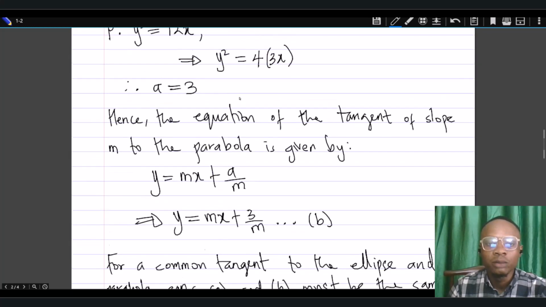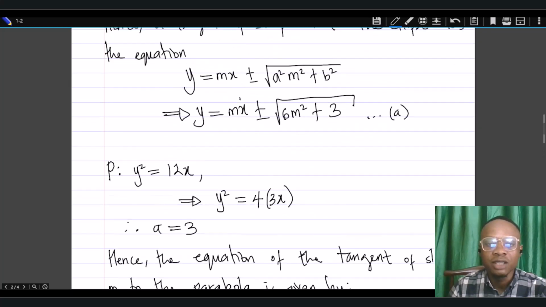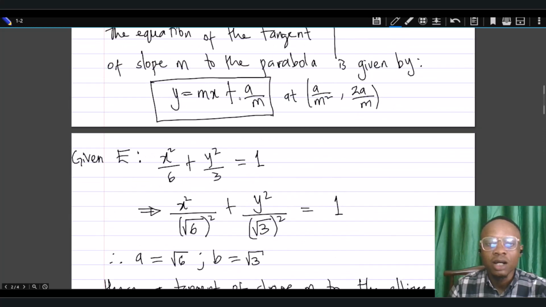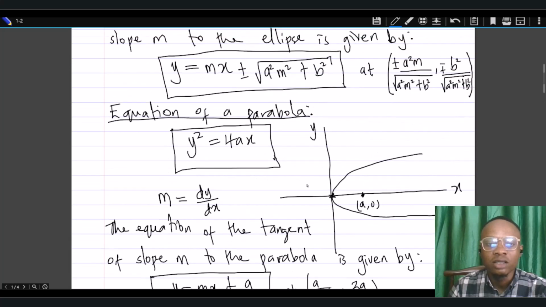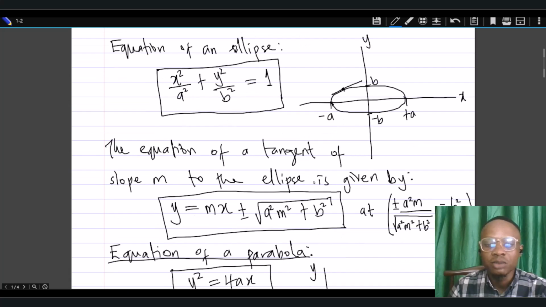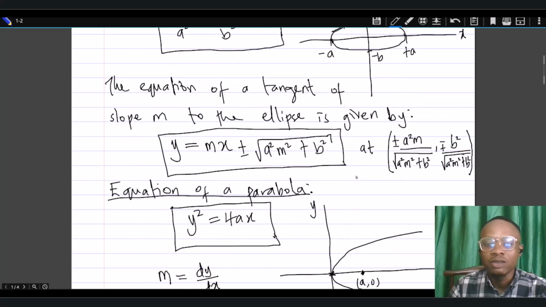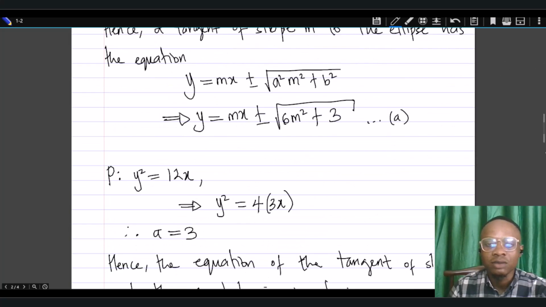We will come here and make use of this expression. This is the point of interest to us for the ellipse, plus or minus a squared m. We know a squared is 6, b squared is 3. So we're going to make use of that expression right here. Let's see what that gives us.